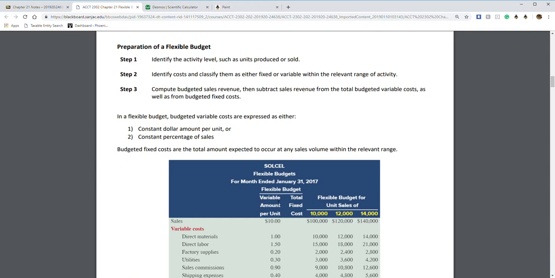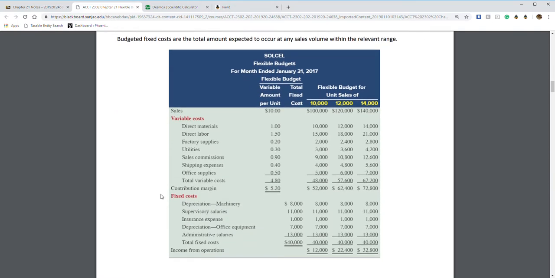In our flexible budget, variable costs are either expressed as dollar amounts per unit or percentage of sales. We're going to deal mostly with dollars per unit in this chapter. We're not going to go too much into percentages unless we're looking at capacity. So this is usually our example.